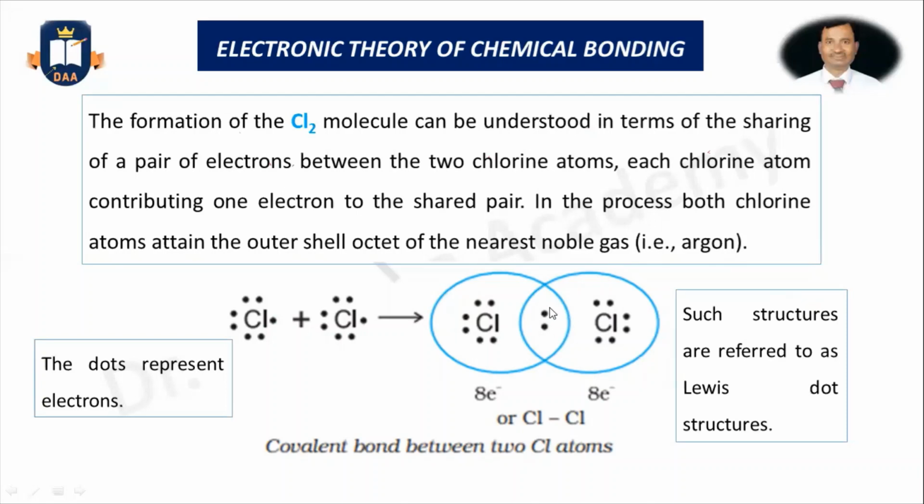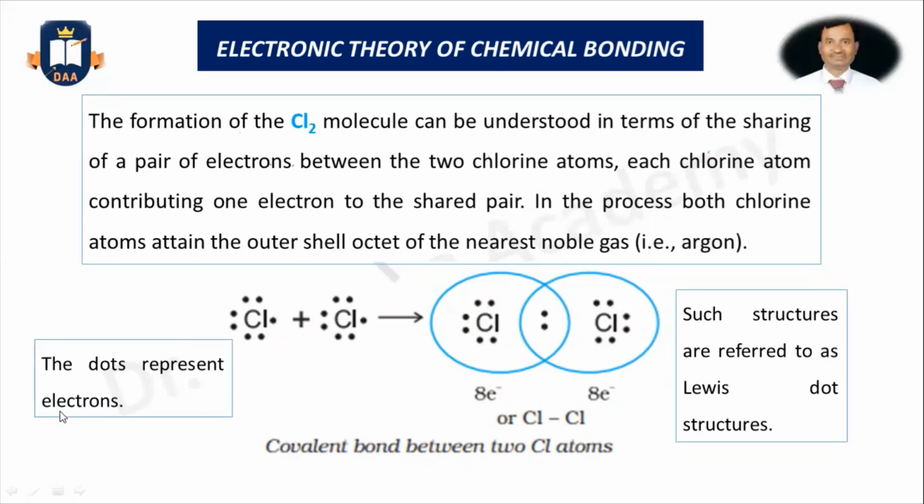That means 1 pair of electrons is formed, which is common to the left side chlorine atom as well as the right side chlorine atom. This sharing of the electron pair is responsible for forming the covalent bond between these two atoms.